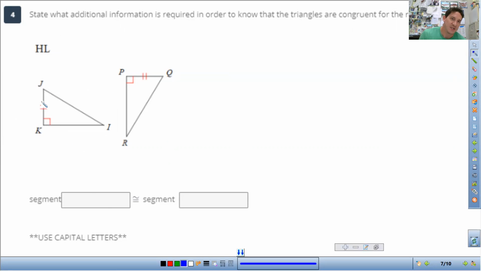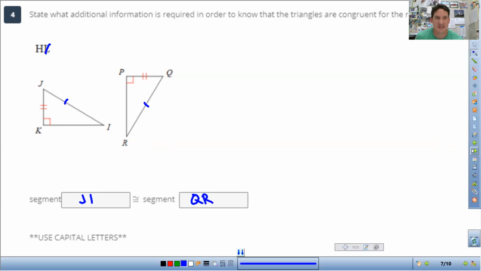This side, JK, matches up and is congruent to QP. That is not the hypotenuse, that is a leg. So what we're missing is the hypotenuse. Remember, the hypotenuse is across from the right angle. So that is the hypotenuse there. That's the information that we need. So JI needs to be congruent to QR.